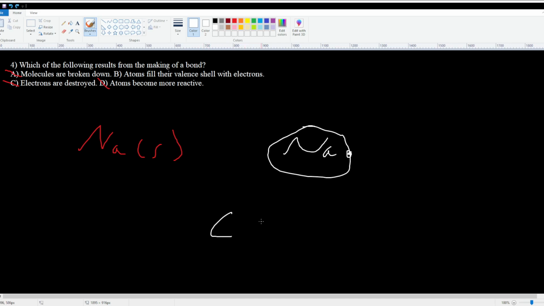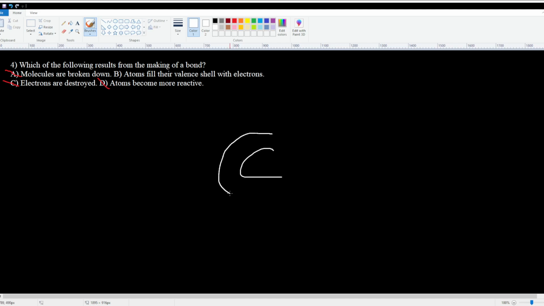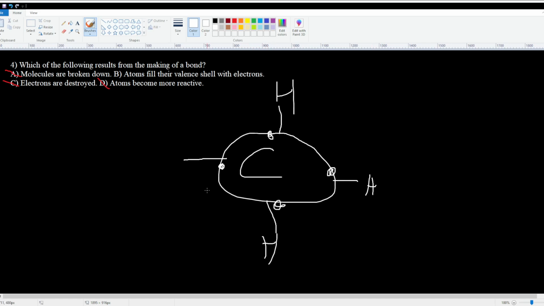If carbon has 4 valence electrons, that means carbon can fill 4 spaces that were left empty. We can fill those with hydrogen, for example, to make methane, or with other elements. So what we're doing here is filling the valence shell with electrons.